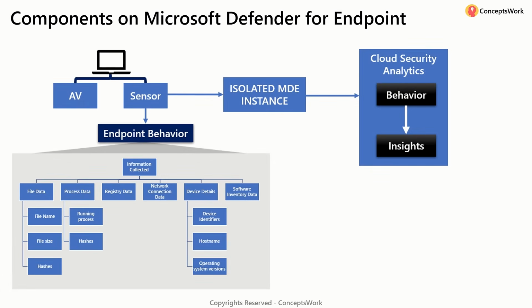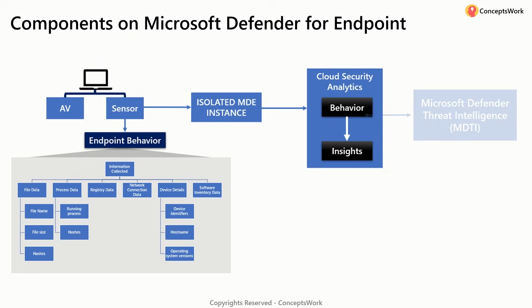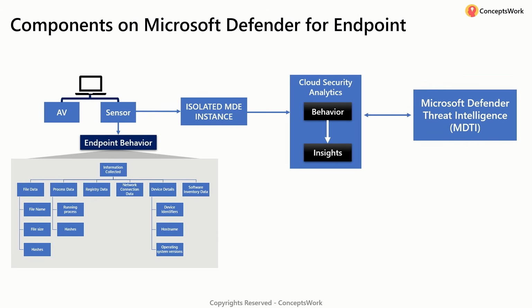Now, once all this part is sorted, the question comes: how exactly is Microsoft Defender for Endpoint able to detect everything that's happening in the wild, or how can it associate a specific vulnerability which exists on a machine with an actual exploit that has happened? There is a lot of information which is shared between MDTI and MDE, or you can think about a scenario wherein MDTI data is used in MDE.